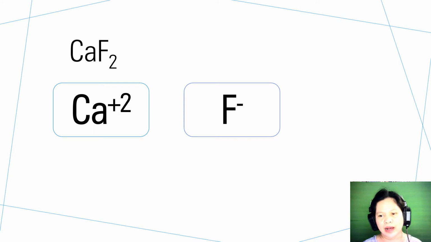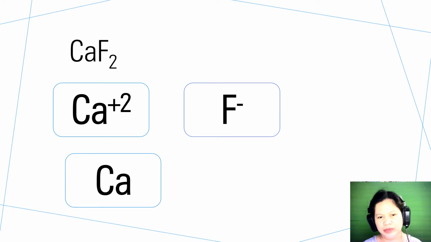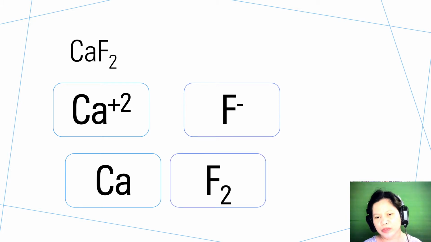Okay, this is how we are going to write the formula given the charges. Okay, first, we copy the calcium and F2. So, why is it that F contains a subscript of 2? Where does the subscript 2 come from? The 2 comes from the charge of calcium.